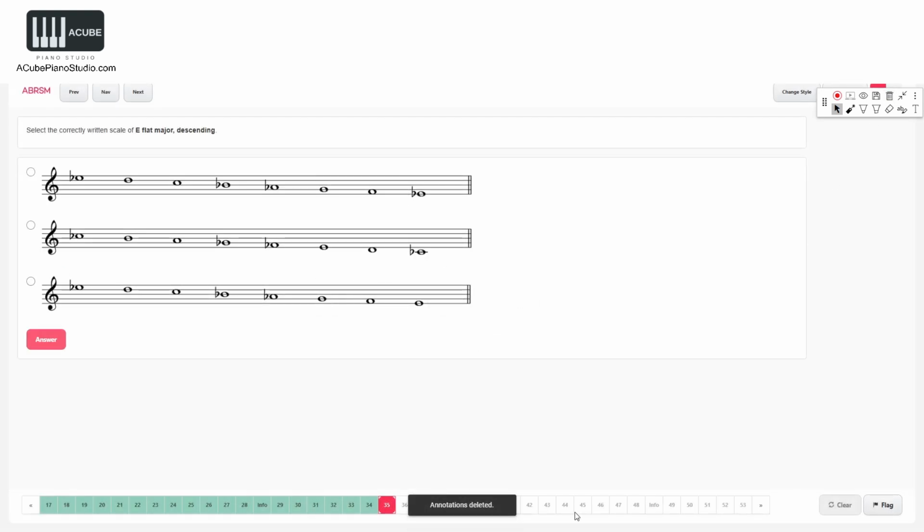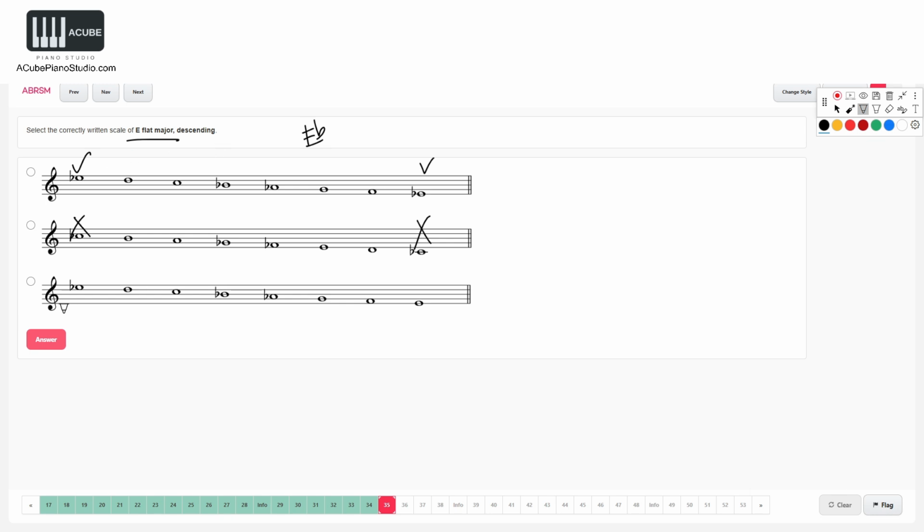Okay. Now let's move on to this question here. Select the correctly written scale of E flat major descending. The first thing we do is to check, because it's E flat major, I need to start and end with E flat. This is treble clef, this is E flat, this is E flat. This is treble clef, this is C flat. No, it's wrong.